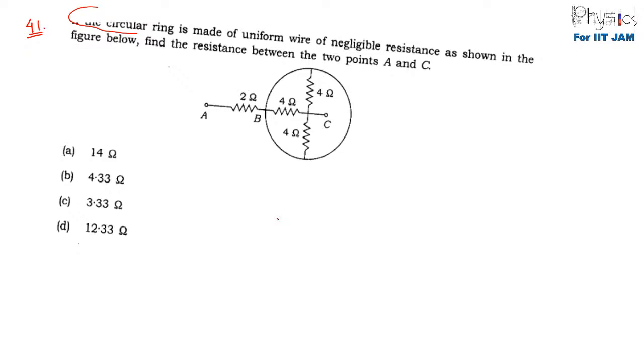So whatever, we can still understand this question. A circular ring is made of uniform wire of negligible resistance as shown in the figure below. Find the resistance between the 2 points A and C. The options are A 14 ohm, B 4.33 ohm, C 3.33 ohm, D 12.33 ohm.